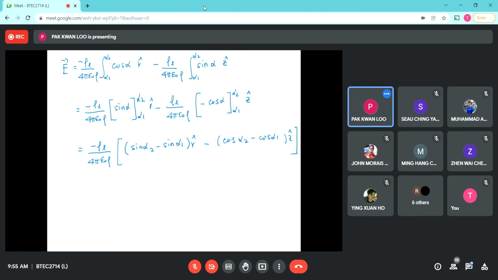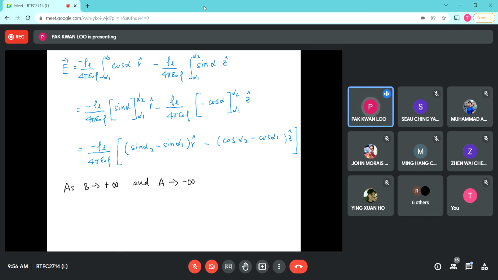Now we come back to the special case where point B tends to positive infinity and A tends to negative infinity. So as point B and point A go in the direction of infinity.